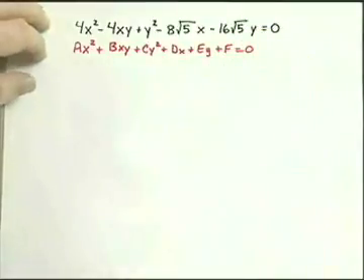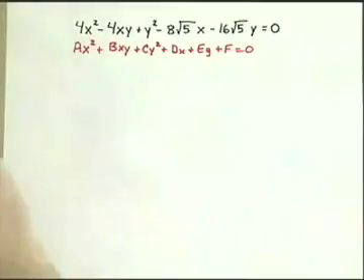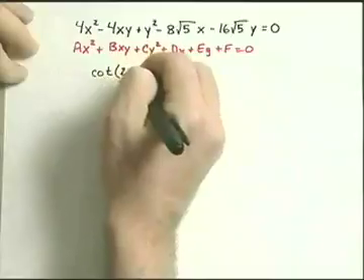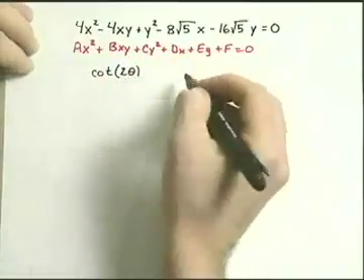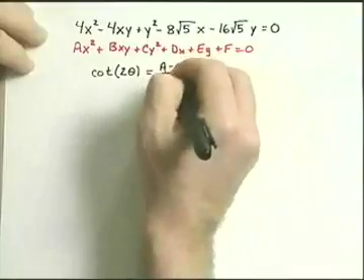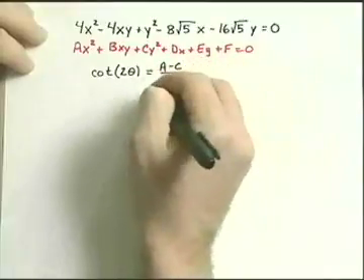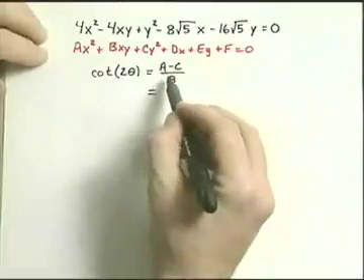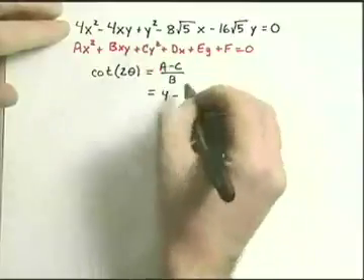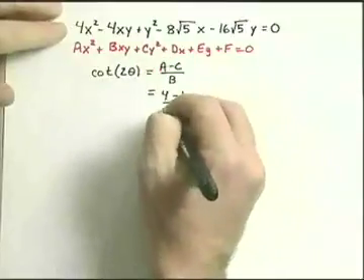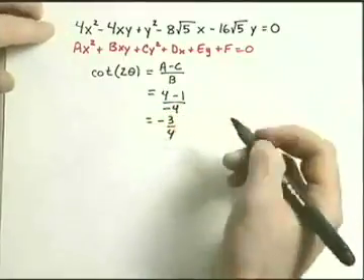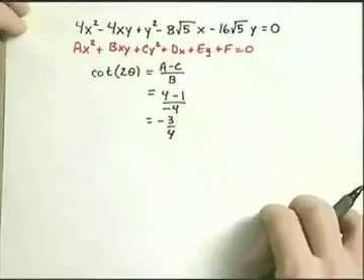All we really want out of this is to know the values of a, b, and c, because the appropriate rotation is going to require that we solve the equation cotangent of 2 theta equals a minus c divided by b. That is, cotangent of 2 theta equals a is 4 minus c is 1 divided by b is negative 4. That gives me that the cotangent of 2 theta is negative 3/4.